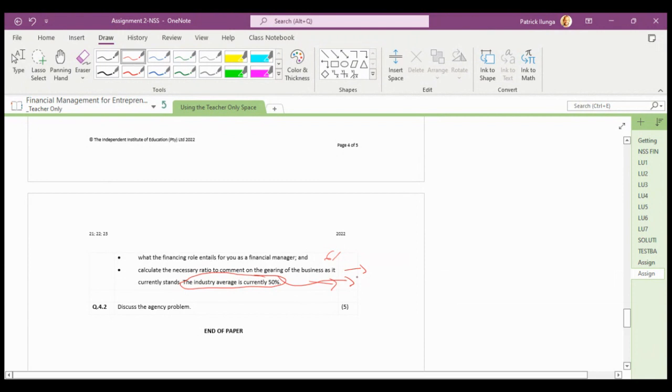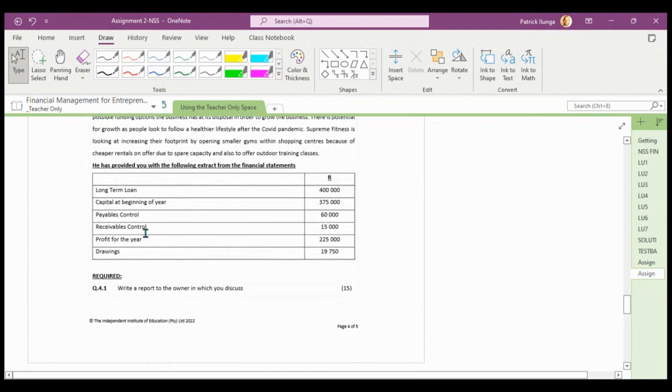Check them up, and understand what needs to be in the numerator and what needs to be in the denominator. For debt to equity, debt is the numerator and equity is the denominator.